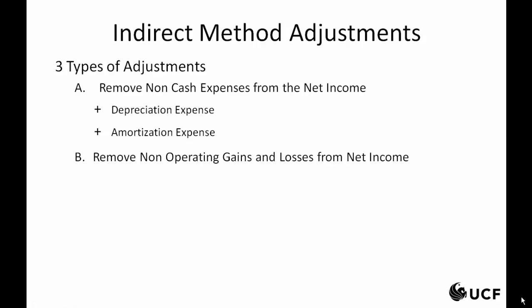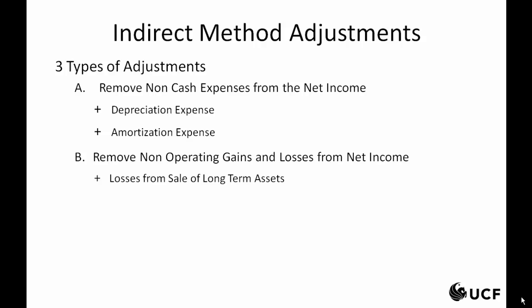The second type of adjustment has to do with removing non-operating things from the net income that went into calculating net income. For example, if we had the loss from the sale of a long-term asset, this is not an operating activity, but rather this is an investing activity. But didn't it go into calculating net income? Absolutely.